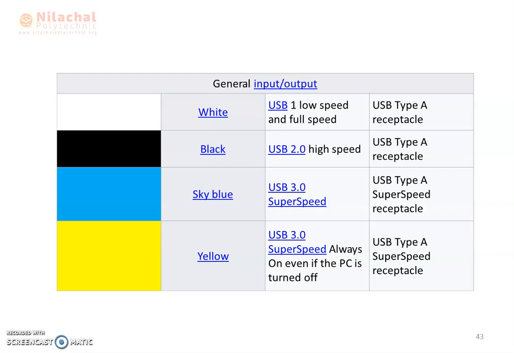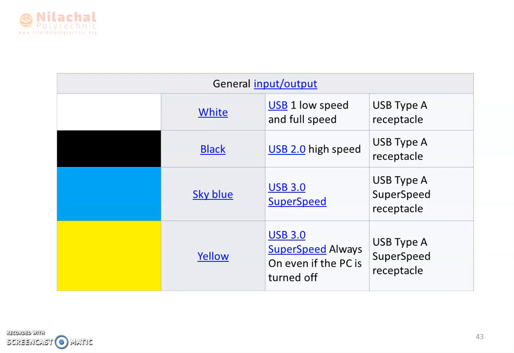First comes USB 1, a low speed USB port, which is of white color. Next comes USB 2.0, which is high speed, of black color. Next comes USB 3.0 super speed, which is sky blue color.